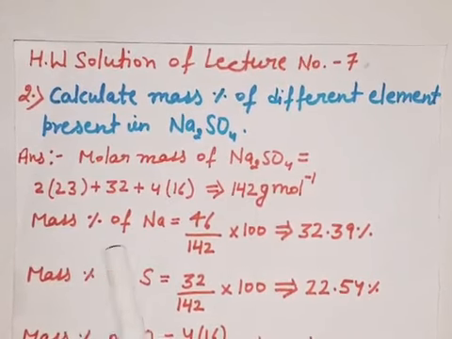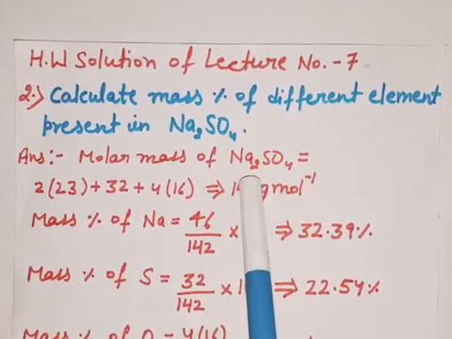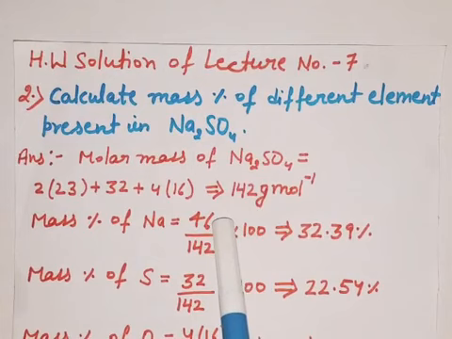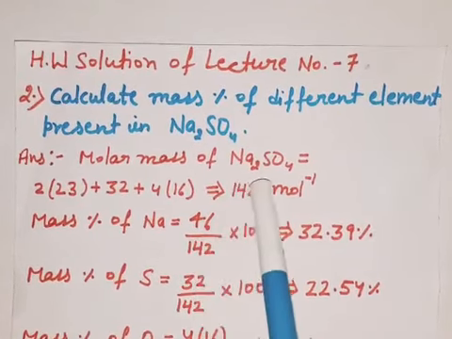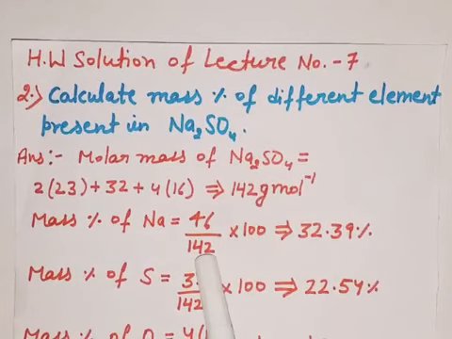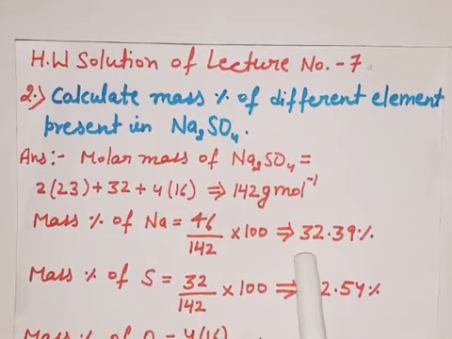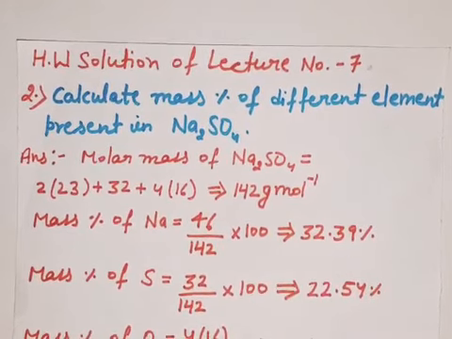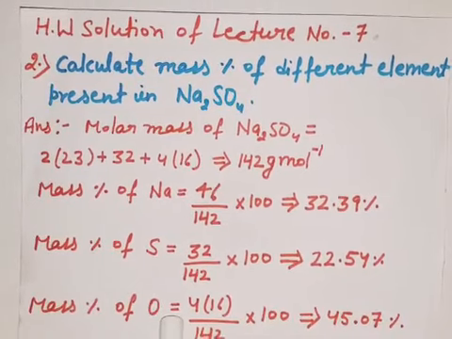Now the mass percentage of sodium: here 46, because there are 2 atoms of sodium, so 2 into 23 is 46, divided by the molar mass of sodium sulfate, that is 142, into 100. It comes out equal to 32.39%. In the same way, we will find the mass percentage of sulfur and oxygen.